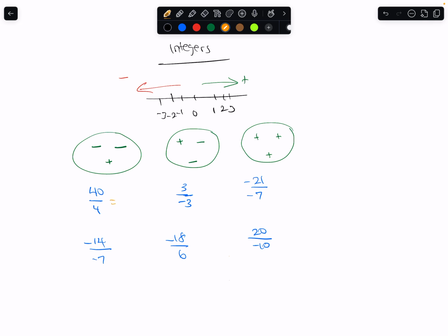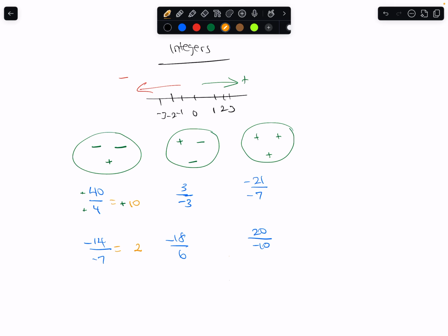40 divided by 4 is 10. A positive divided by a positive, with nothing in front of them, means the sign will remain positive. Positive 10 is the first choice. Next one. 14 divided by 7 is 2.